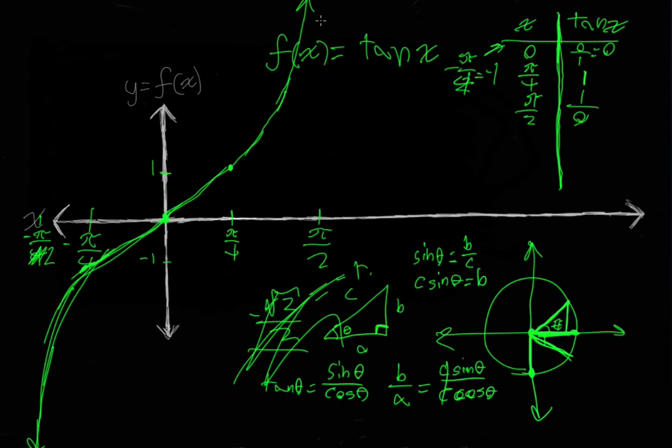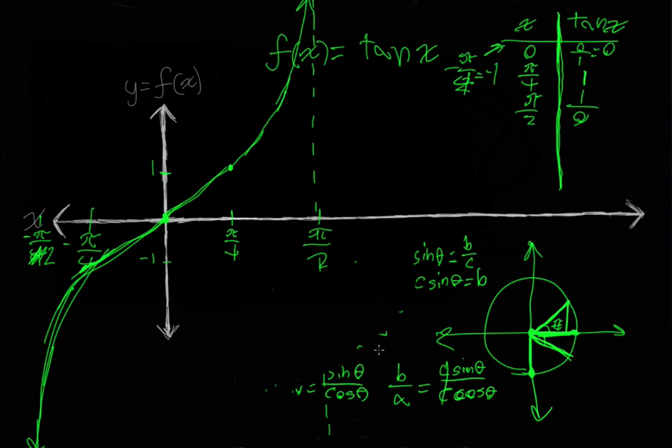But what happens once we go past pi over 2? And this is actually going to create what's called an asymptote. If you're not familiar with what an asymptote is, I'm going to erase a bunch of this junk over here just to clean up a little bit.